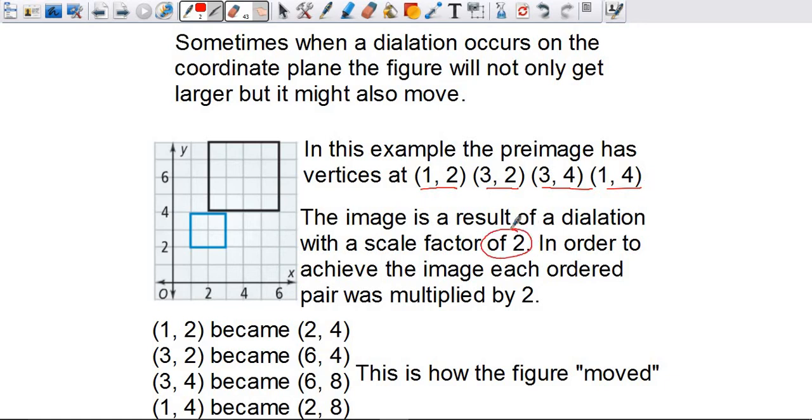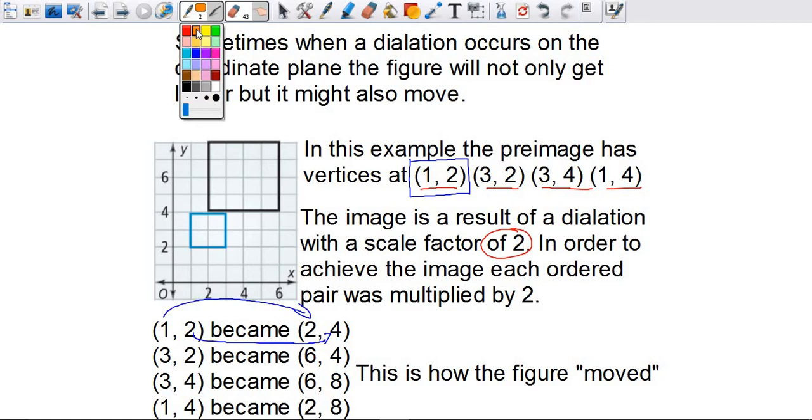In order to achieve it, we multiply the ordered pair by 2. So if we're looking at this first ordered pair, we have 1, 2. If I take 1 and multiply it by 2, it becomes 2. And if I take that 2 and multiply it by 2, it becomes 4. So essentially, we're just multiplying every number in that ordered pair by 2.